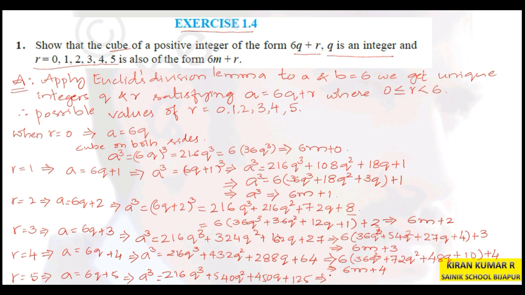When 6 is taken common by writing 125 as 120 plus 5, we will be getting 36q cube plus 90q square plus 75q plus 20 added to 5.